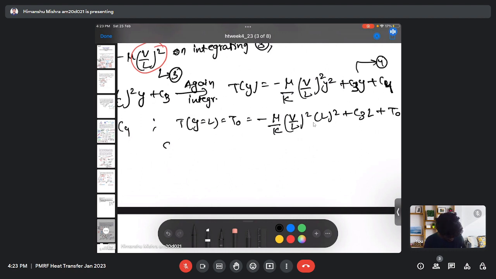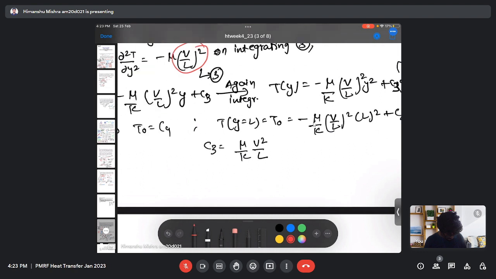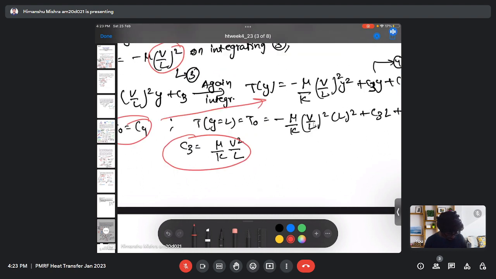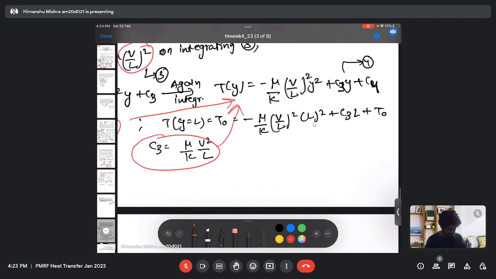So I can find C3 as mu by K V square. So this will be my C3. So I need to put C3 and C4 in equation 4 in my temperature profile.